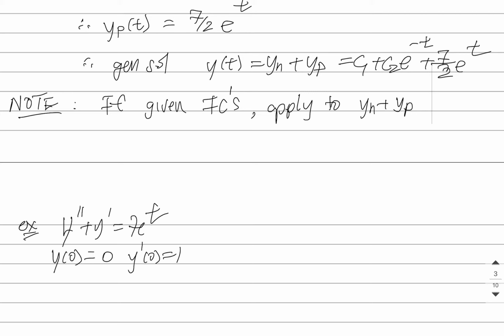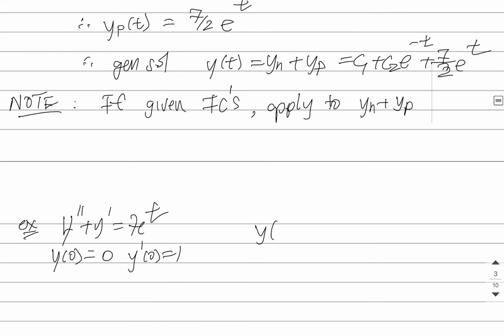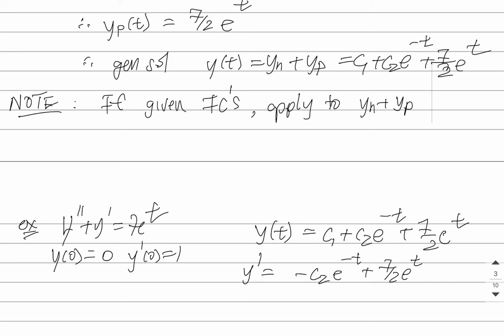So if I gave you those initial conditions, y of t, the full solution, would be c1 plus c2 e to the minus t plus 7 halves e to the t. y prime would be negative c2 e to the negative t plus 7 halves e to the t.